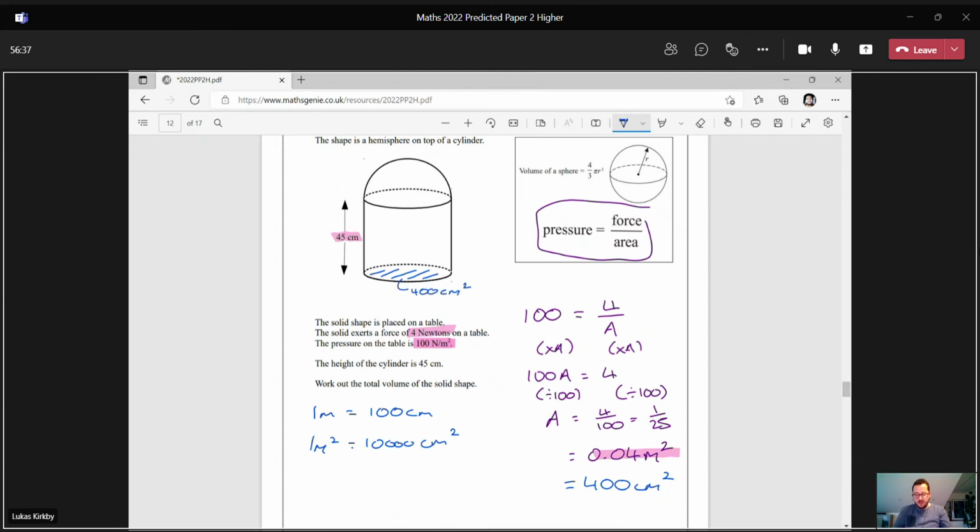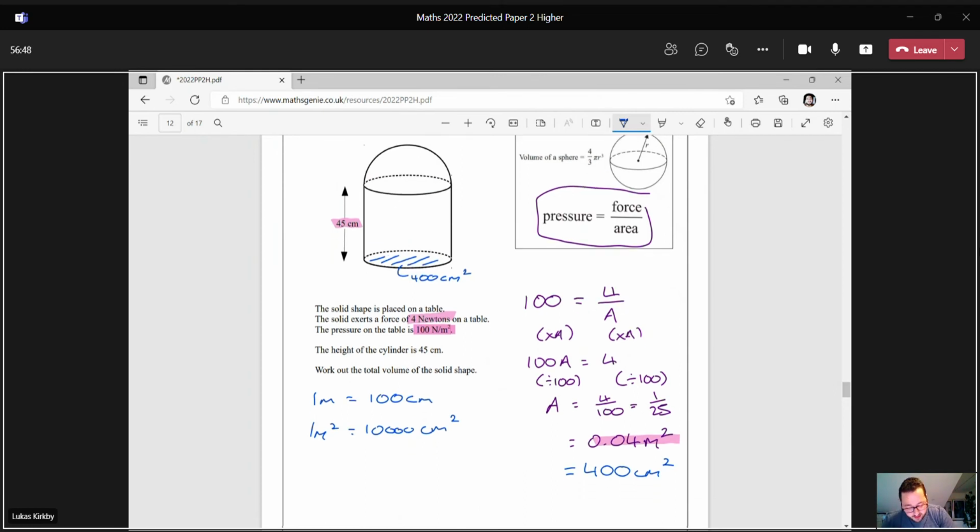Okay, great, so we're doing alright. We want the volume of this shape. I'm going to use the fact that I know the area to figure out the radius. The area of a circle is in the front of the formula sheet. So area of a circle is pi times r squared, and that is 400.